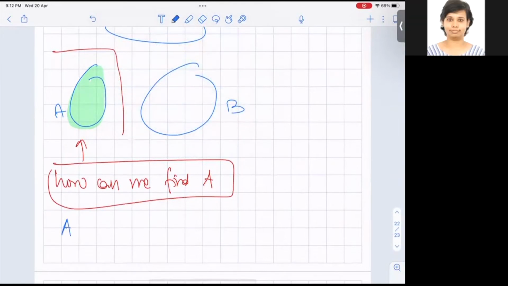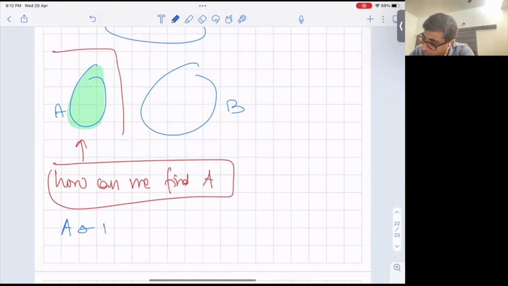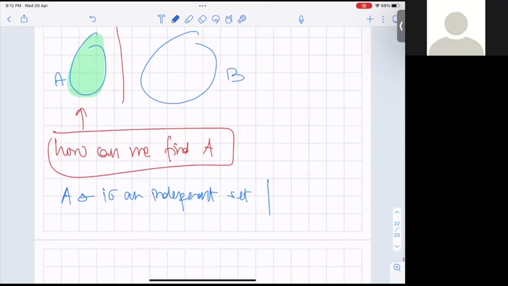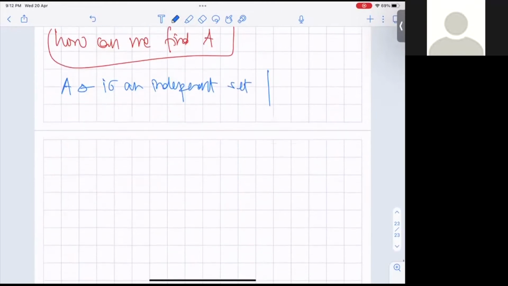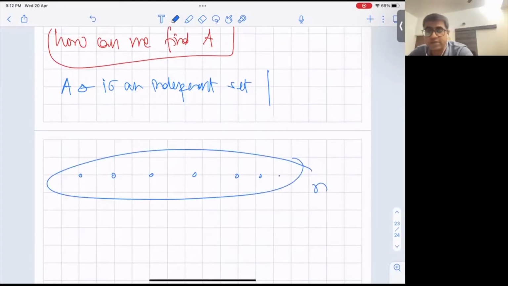So how many independent sets can a graph have? At most 3 to the power of 8. Oh, really, Sona? How many independent sets does this graph have?